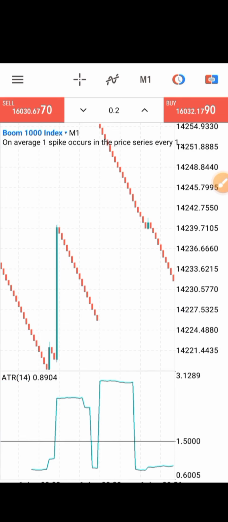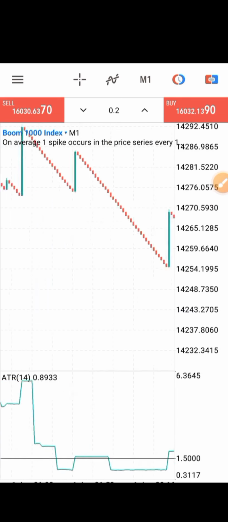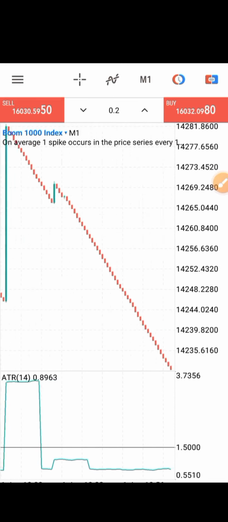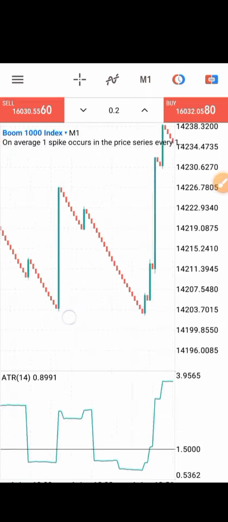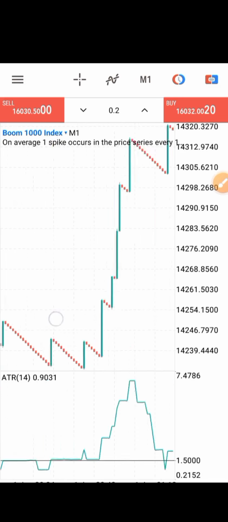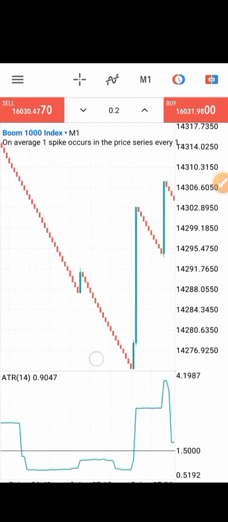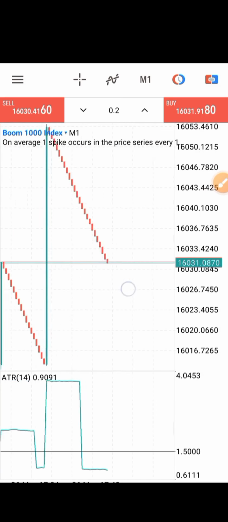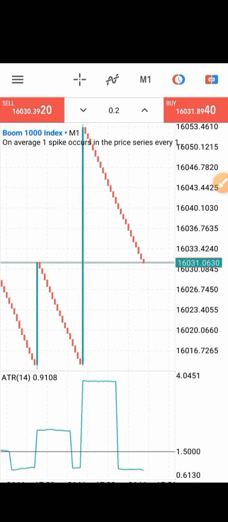You will see that when a spike happens on Boom, the average true range also moves up. That is the difference between Crash and Boom.